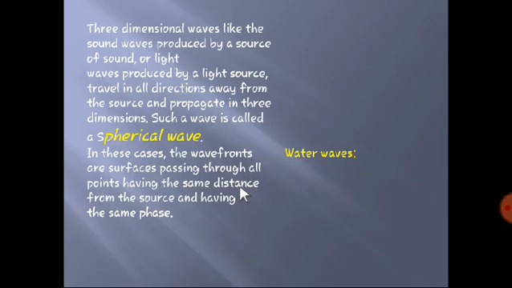Three-dimensional waves are like sound waves and light waves. What are three-dimensional waves? The waves which emit light or particles in all possible directions. So as with sound waves, you can hear in all possible directions.